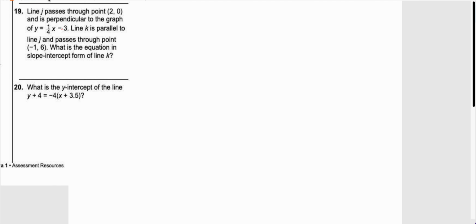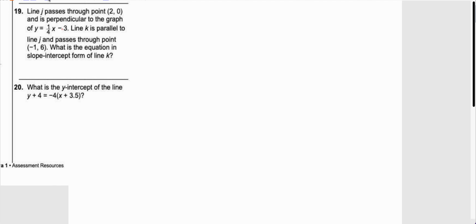Then there's another line K parallel to line J. Oh, I hate these questions. I need a picture. Line J is perpendicular to that graph. Line K is parallel to J, which means K is also perpendicular to that graph. What is the equation in slope-intercept form of line K?